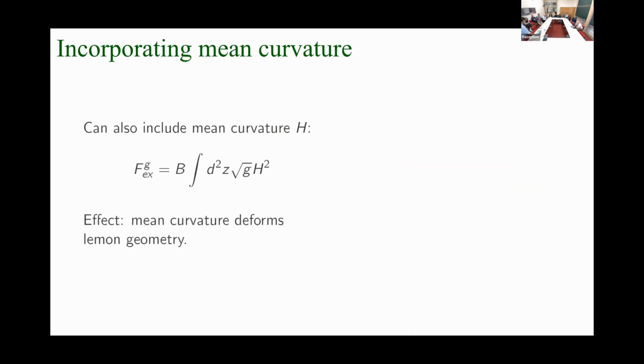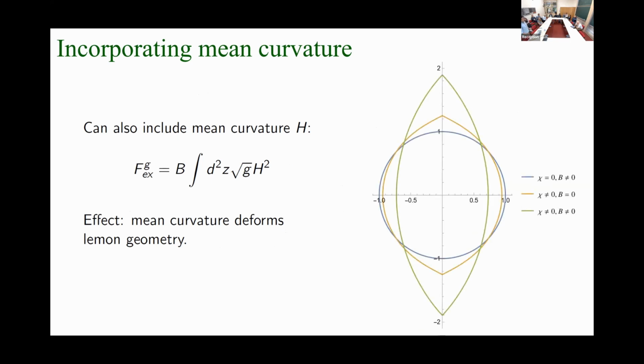So, is that answering the questions? For example, if you want to incorporate mean curvature, you kind of can. It depends. If you assume axisymmetry, then we're going to show the effect of the mean curvature forms the limit.